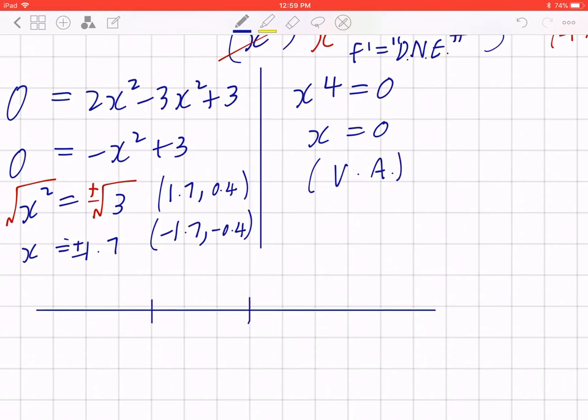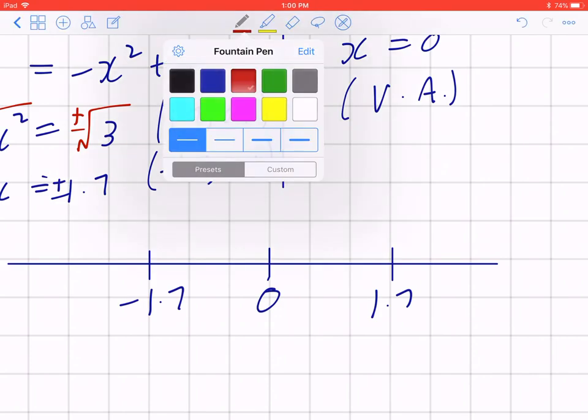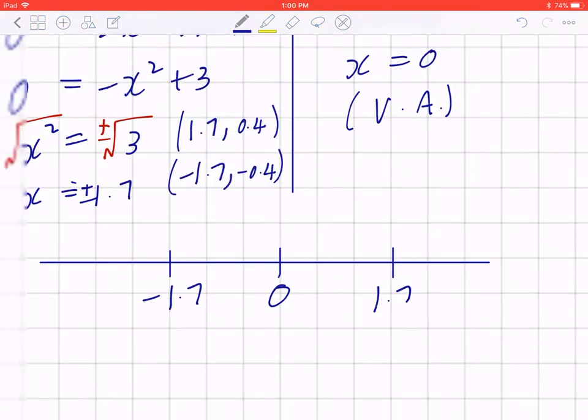Now be very careful. A lot of students would look at this and say, okay, I got the critical points, negative 1.7 and 1.7. But be very careful. You must include vertical asymptotes, which is x = 0. You can take your calculator, and I'll be right here when you work this out. You plug it back into f prime.